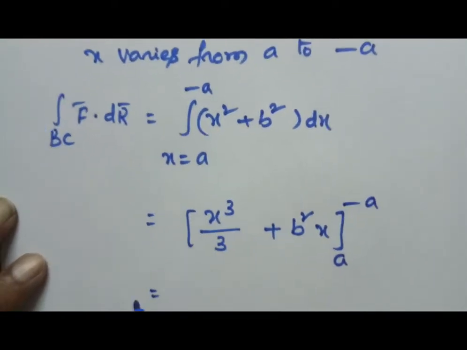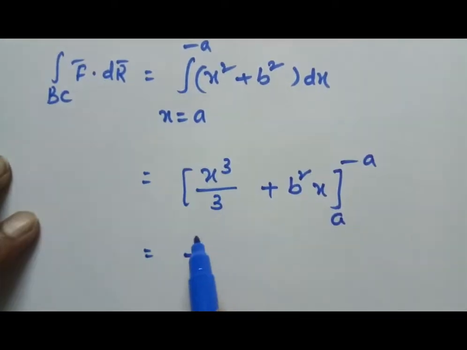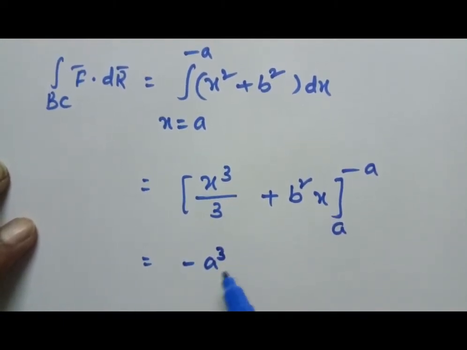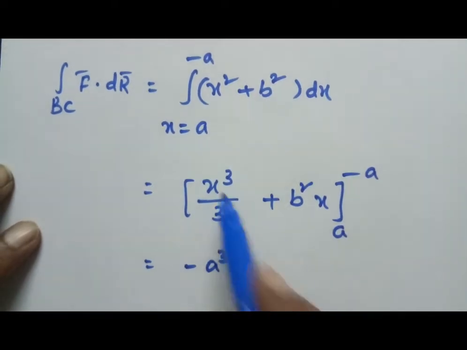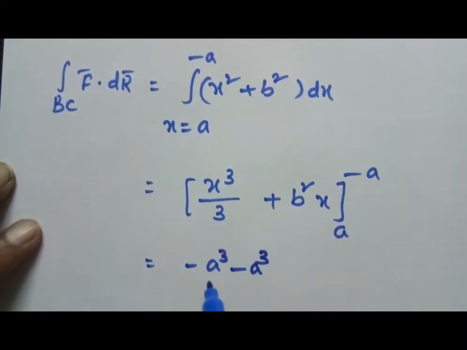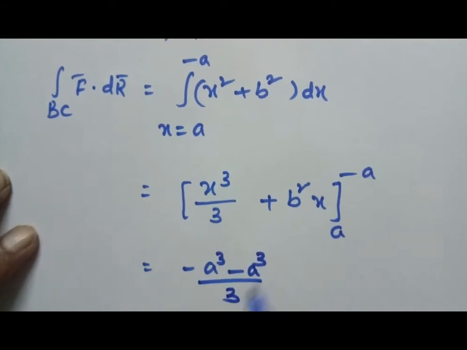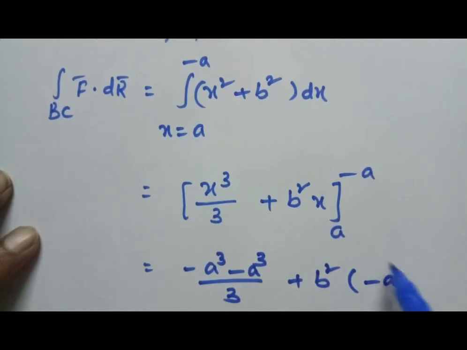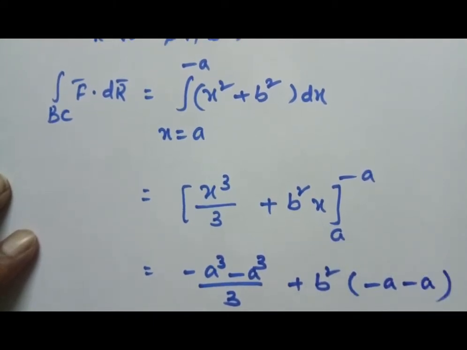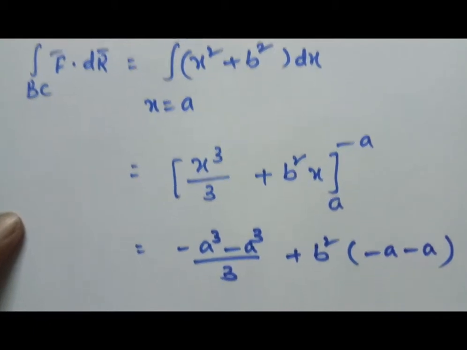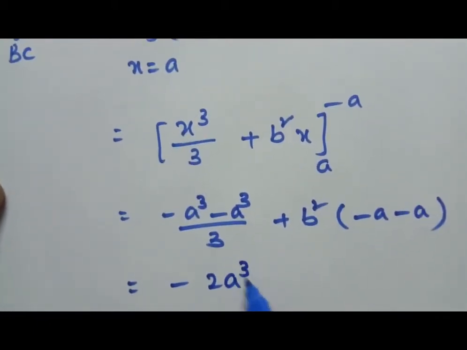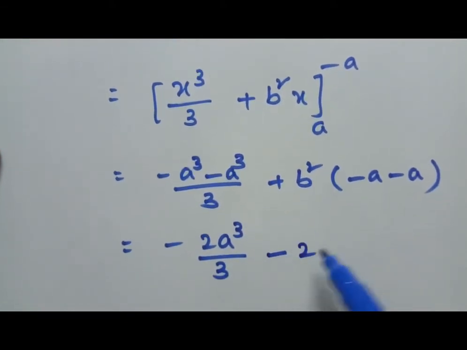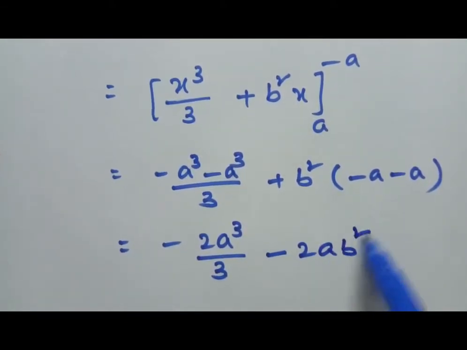Therefore, upper limit a cube by 3 minus lower limit minus a cube by 3, plus b square into upper limit a minus lower limit minus a, that is minus 2a cube by 3 minus 2a b square.